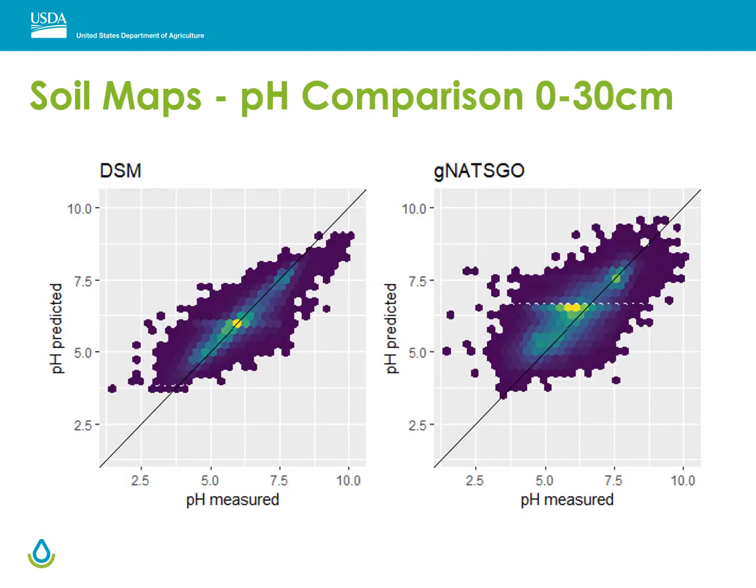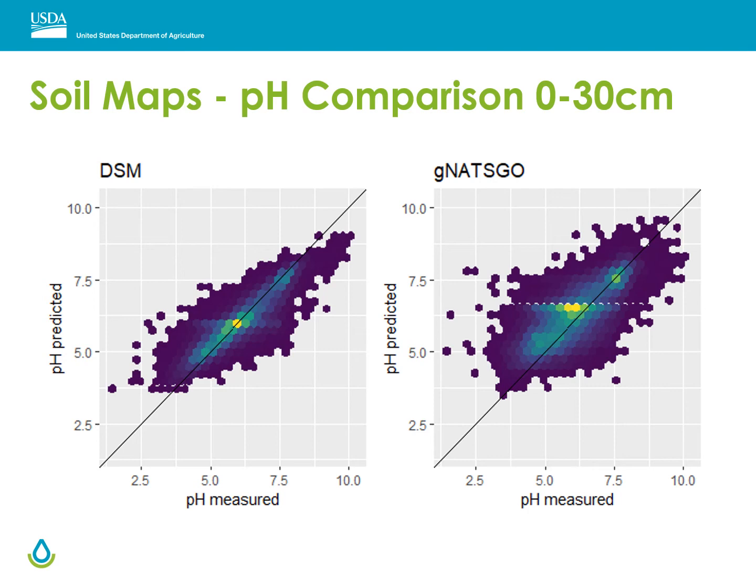As I mentioned earlier, one of the questions we were originally interested in was which mapping method produced the most accurate map. This slide and the next quickly summarize some of those results. This figure shows scatter plots of the predicted pH values versus the training data from the NCSS soil characterization database.